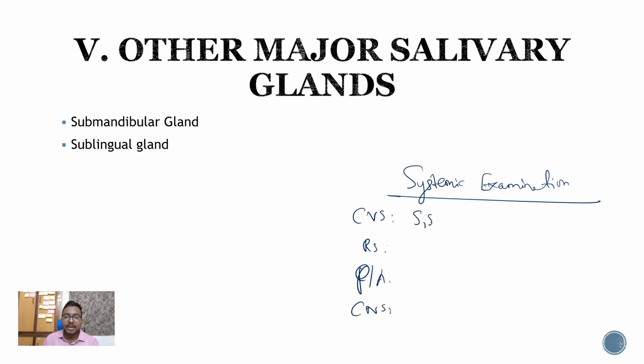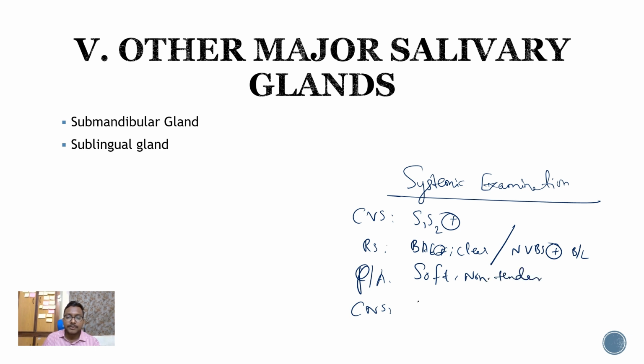If you have a specific finding there, you will mention. Otherwise, you can simply tell systemic examination is unremarkable. If there is any particular abnormality, you can mention. Okay, right. So bilateral air entry is present and clear, or normal vesicular breath sounds present bilaterally. Then per abdomen, soft, non-tender. Then CNS, no focal neurological deficit.